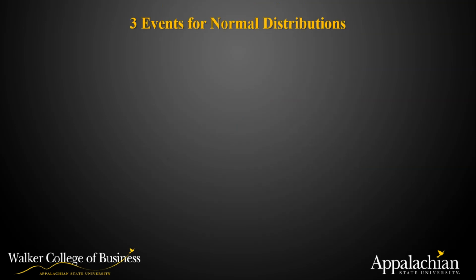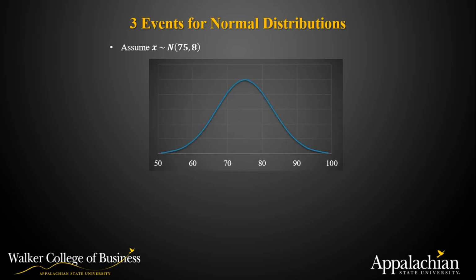Returning to our 3 types of events for continuous random variables, let's assume that we have a random variable x that is distributed normally with a mean of 75 and a standard deviation of 8. So the PDF for this random variable looks like the following bell curve. Returning to our first type of event, the probability that x is less than some value, we're going to calculate the probability that x is less than 85 for this example.